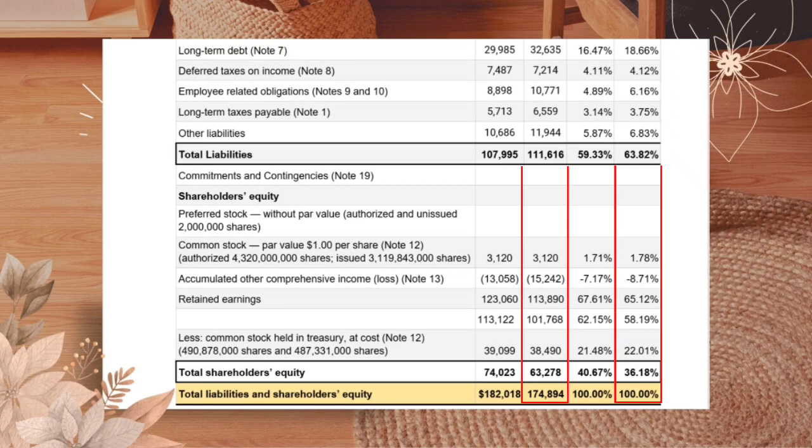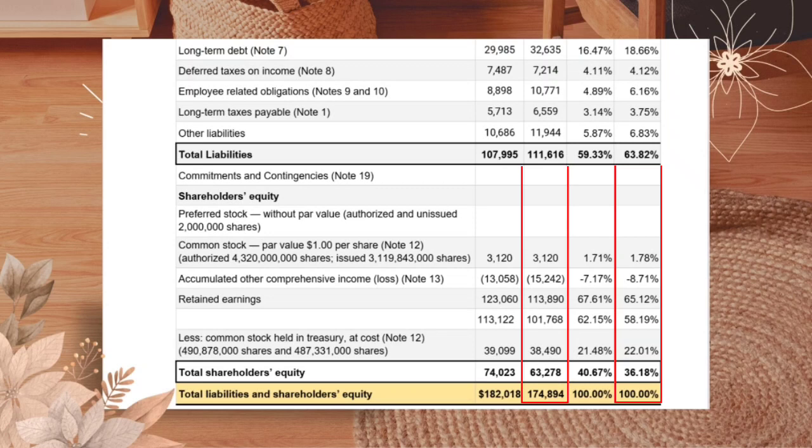Accumulated other comprehensive income, which is a loss, is 15,242 divided by 174,894 times 100% is negative 8.71%. The retained earnings of 113,890 divided by 174,894 times 100% is 65.12%, and 101,768 divided by 174,894 times 100% is 58.19%.